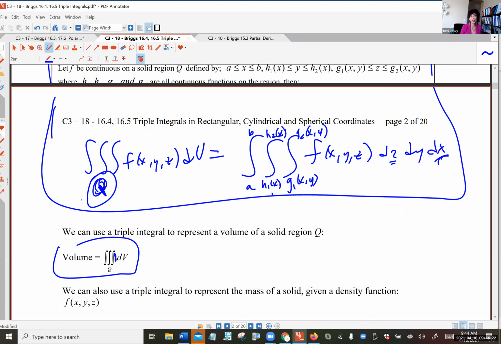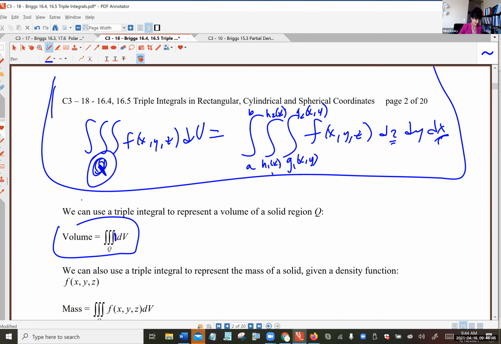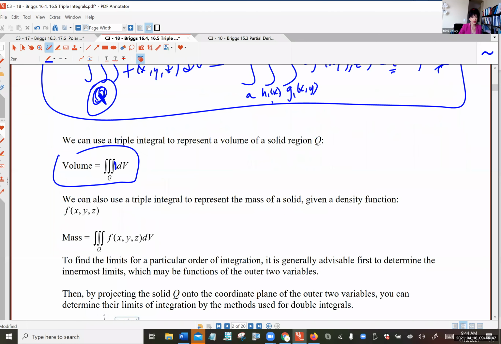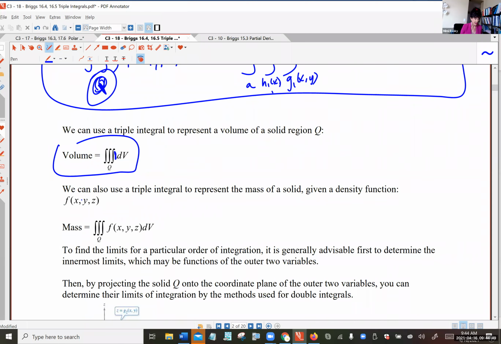Please keep that in mind, because if you don't, you probably will do pretty poorly on triple integrals because you're not getting it. Just saying. A lot of times some students do pretty good on double integrals, and then when we get into triple, they just lose it. I just don't get it. And I'm like, uh-oh.